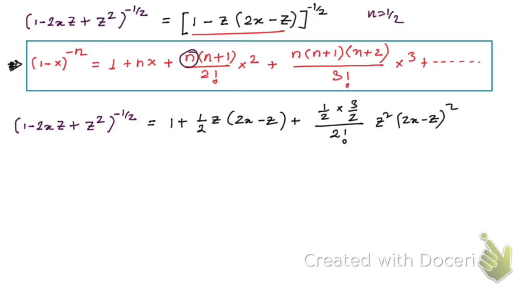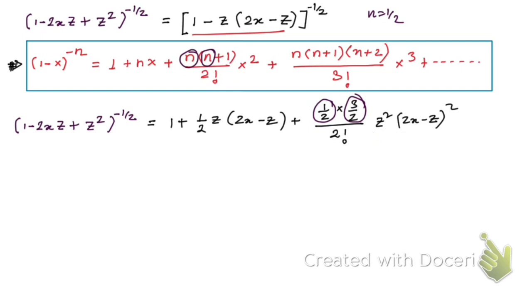So this n is replaced by half, and this n is also replaced by half. Then half plus 1 is 3 by 2, so here I have got 3 by 2. Then instead of x we have written z, instead of x square we have written the square of this, so that's why we have got this.